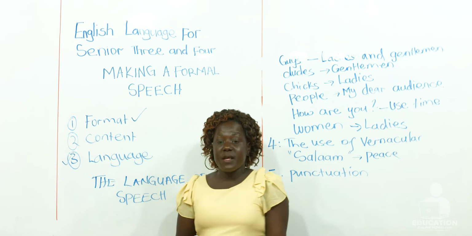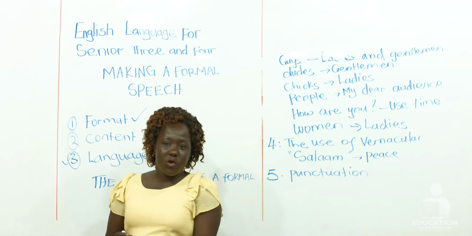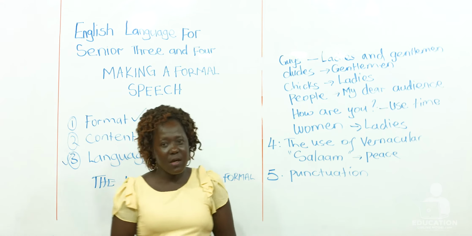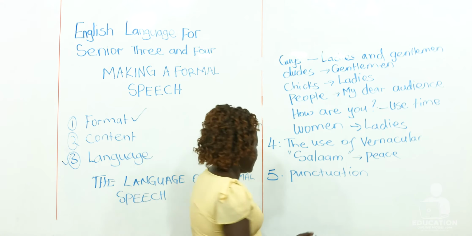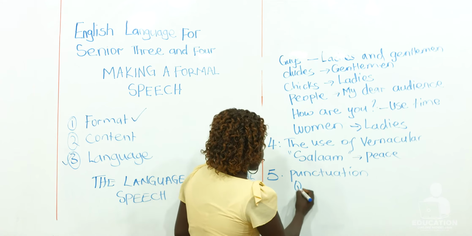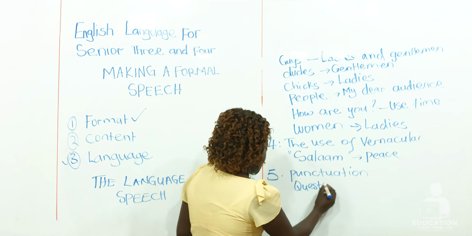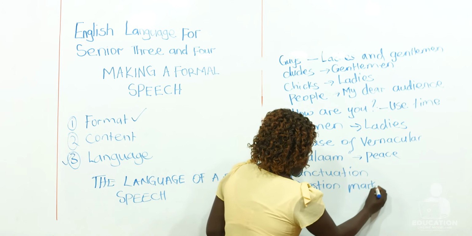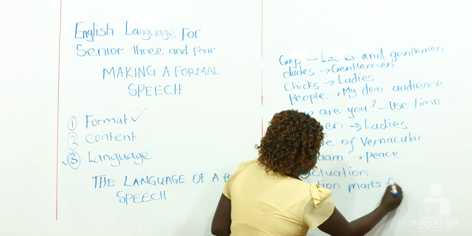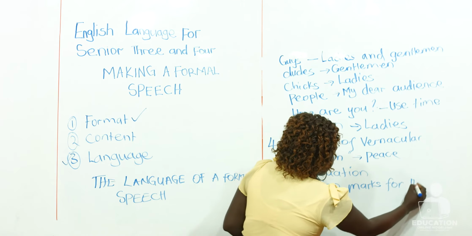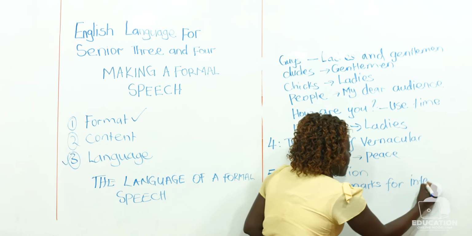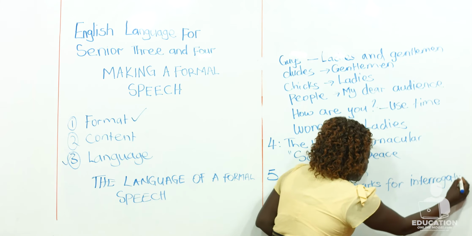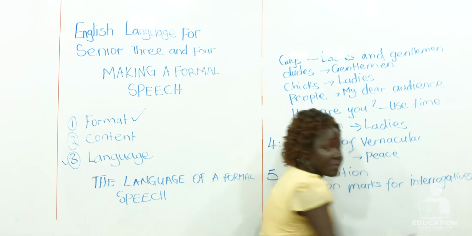Now, if it is the written form, if you want to ask a question to the audience, why don't you use a question mark? If it is a question, use a question mark for interrogatives.